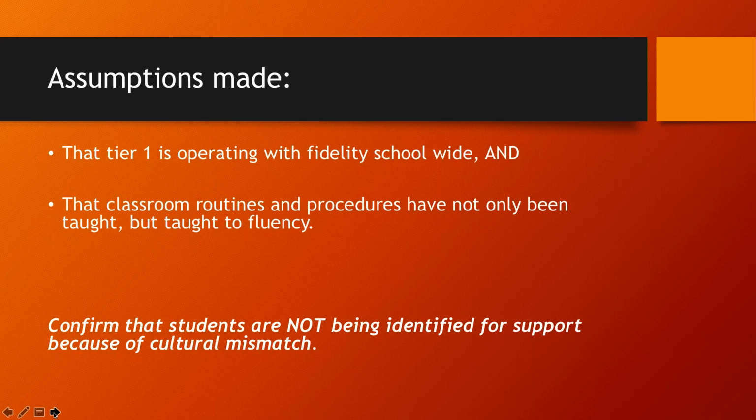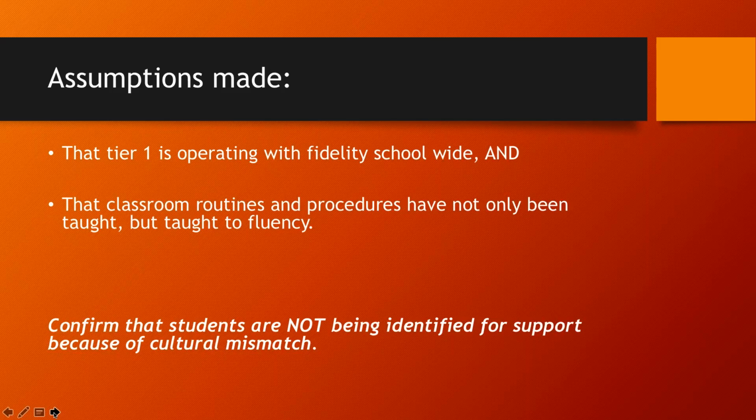Because we haven't addressed this fundamental mismatch. We haven't taught the student to fluency the skills necessary in that setting to be successful, right? And we haven't taught them how to do this thing called code switching. When that blurting out, when that kind of jumping in is okay in the class and in the routines, and when I really, really, really need you to raise your hand and wait to be called on.